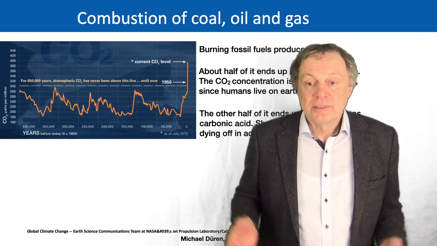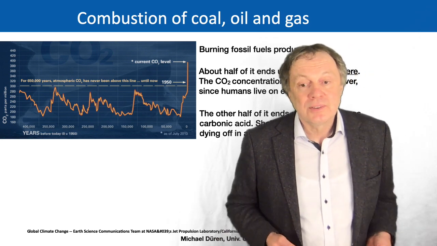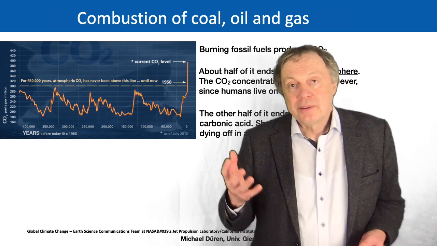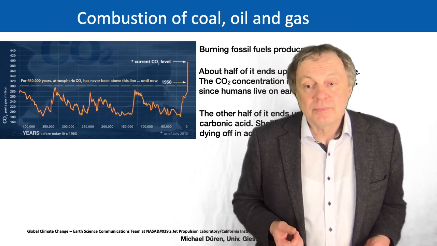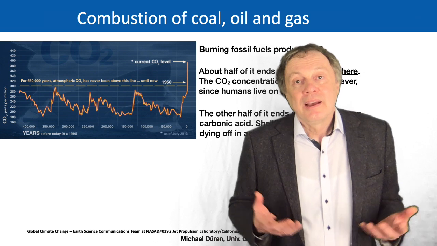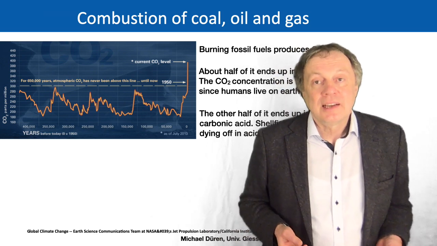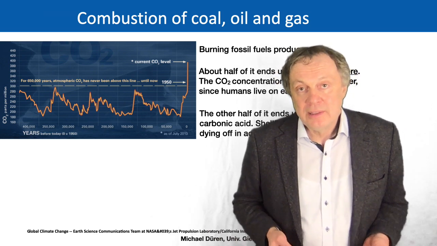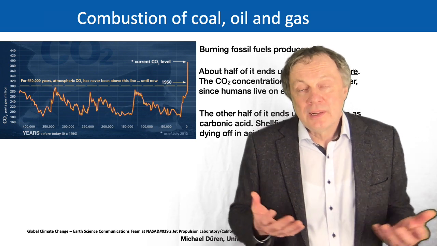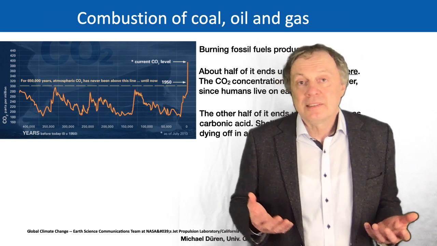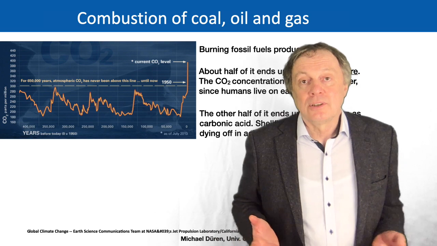Well, there are lots of effects. The easiest one to understand is that there are shellfish and corals, and they are very sensitive to the pH value. Why is that? Simply because if you put an acid on a shell, it is destroyed.